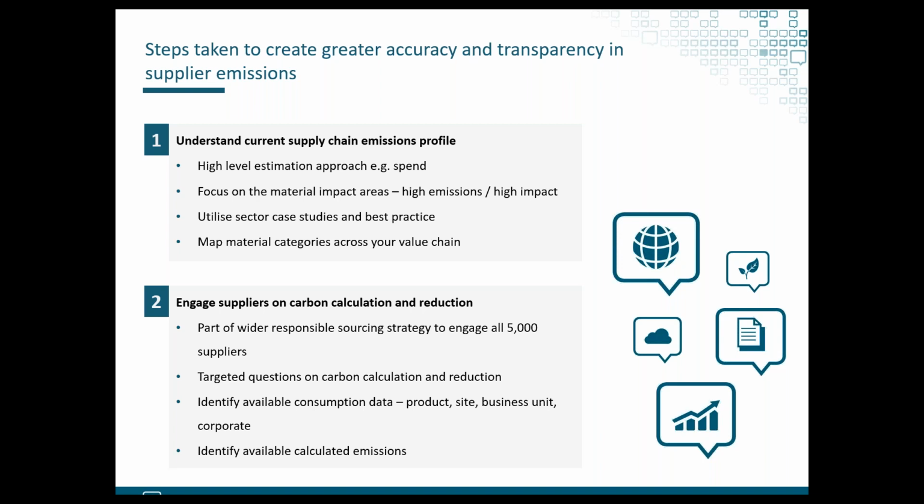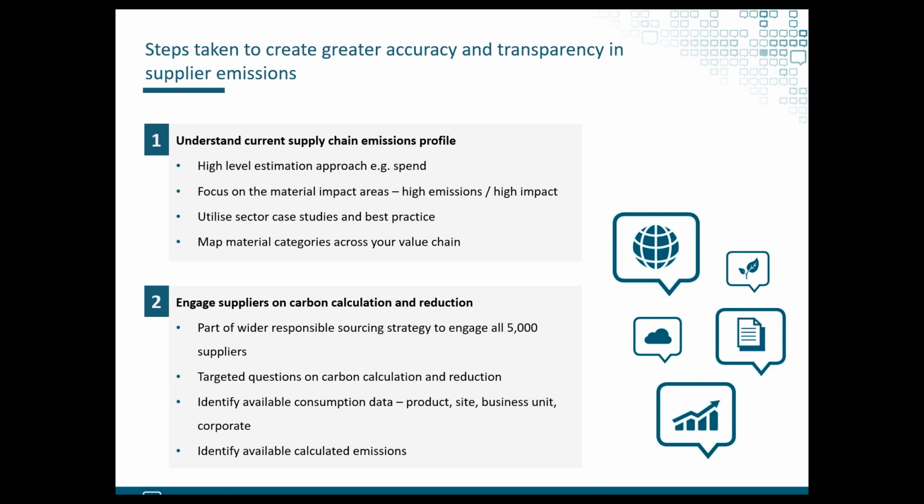So using the estimated emissions output from this assessment, you're then in a better position to identify which supplier categories and which suppliers represent the largest proportion of emissions and which are potentially easier opportunities for emission reduction. So the aim is to inform the supplier engagement program in step 2 in order to maximize the efficiency and effectiveness of the engagement work you do with suppliers.